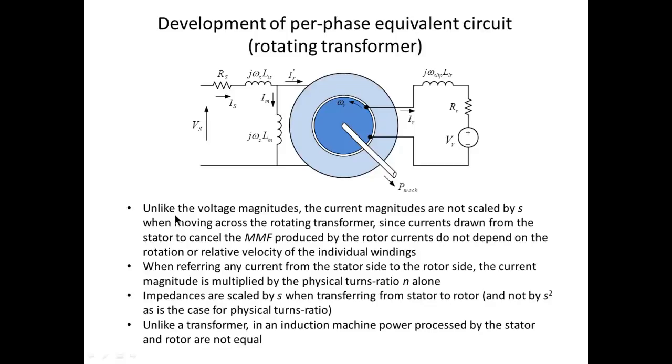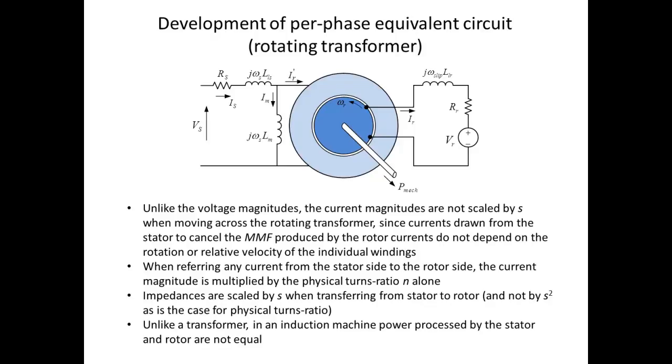That is an important distinction to be remembered, and it has big implications on the power processed by the stator and the rotor windings, both the active power and the reactive power. In the case of transformers, both the active power and the reactive power at the primary and the secondary are equal, except for losses in the resistances and the reactive power losses in the leakage inductance and so on.